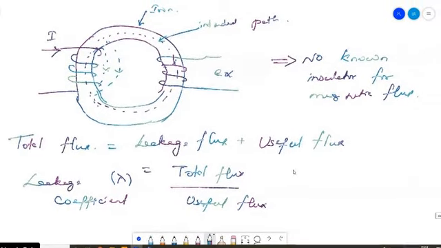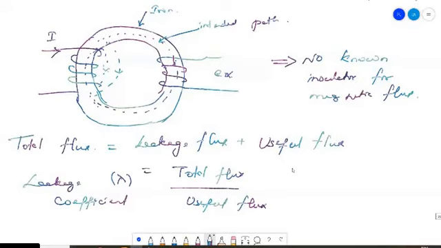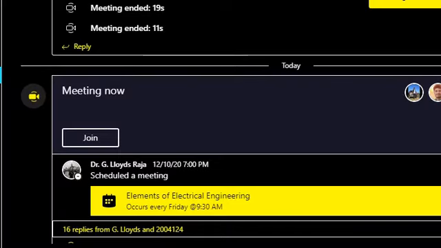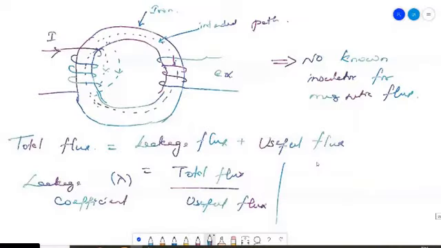So how to minimize the leakage? One traditional way of minimizing this leakage is by placing these exciting coils close to the points in the magnetic circuit where the flux has to be utilized.